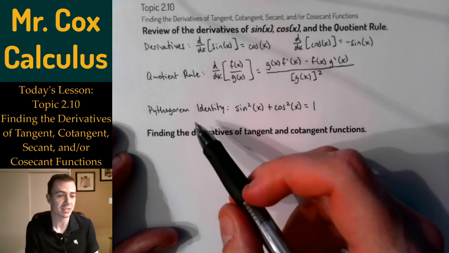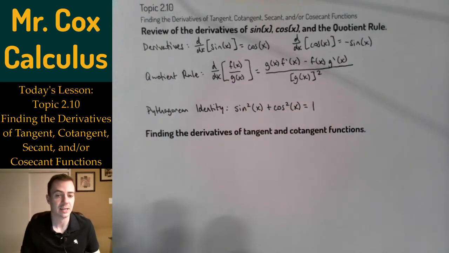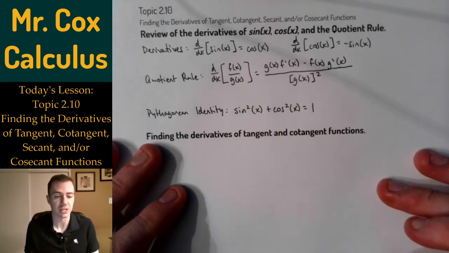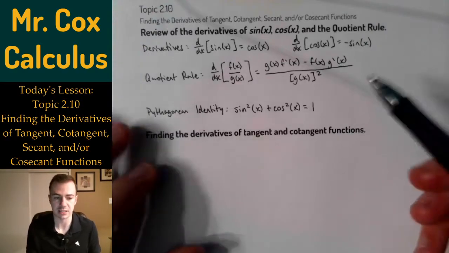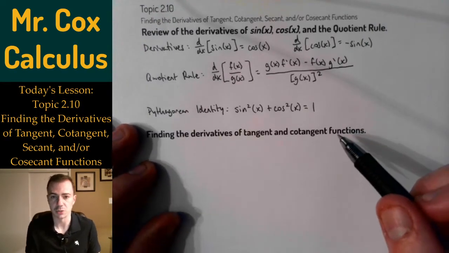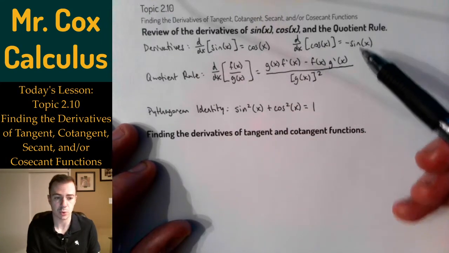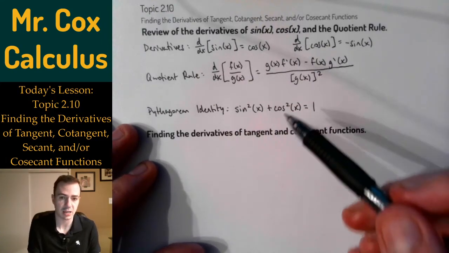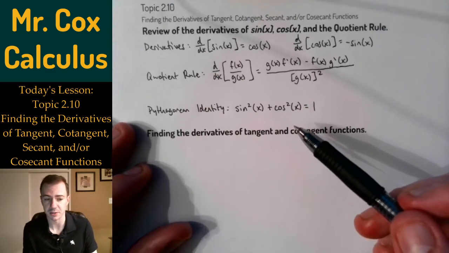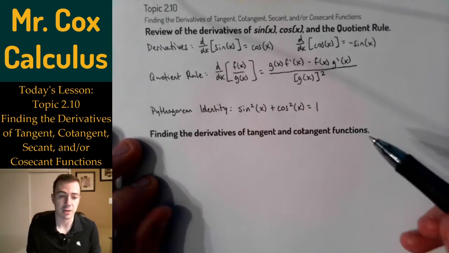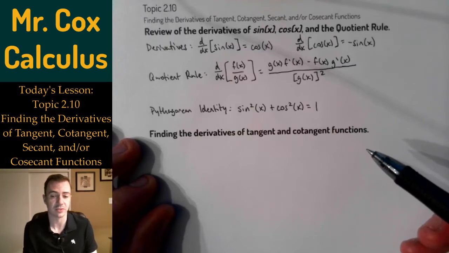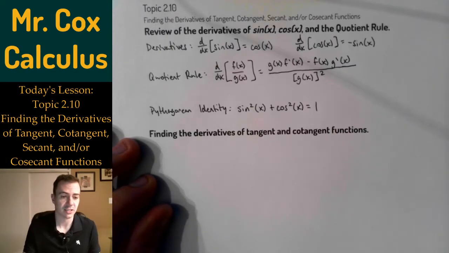So we'll use this identity to help rewrite the derivatives of tangent and cotangent into the universally accepted derivative for those particular functions. So all of this little review, this from topic 2.7, this from topic 2.9, and this identity from pre-calculus are going to go into the derivations of the derivatives of tangent, cotangent, secant, and cosecant.